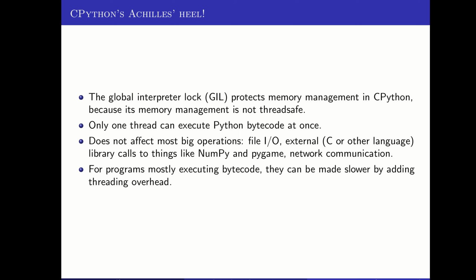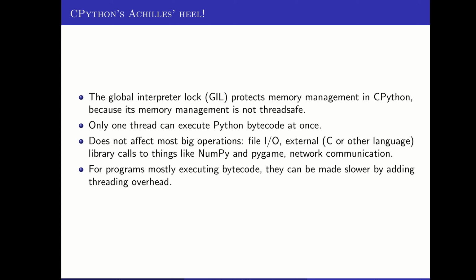So essentially, this one lock needs to be held when you're changing references to objects, or you're creating new objects, or any of the sort of stuff that might impact garbage collection and memory management by the language. So only one thread can hold the global interpreter lock at a time, which means that only one thread can execute Python bytecode at once, which essentially means that multi-threading doesn't really multi-thread the way that you would expect it to.